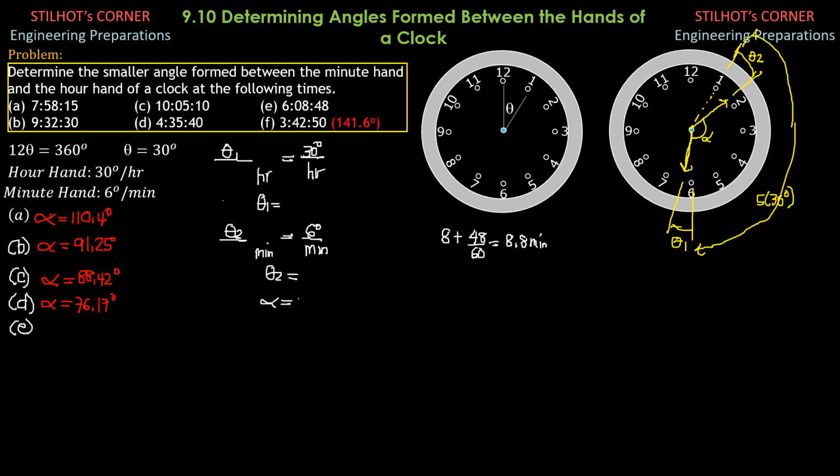But because this is the hour hand, we divide that by 60 to convert that to hour. So theta 1, 8.8 divided by 60 times 30. So theta 1 is 4.4 degrees.